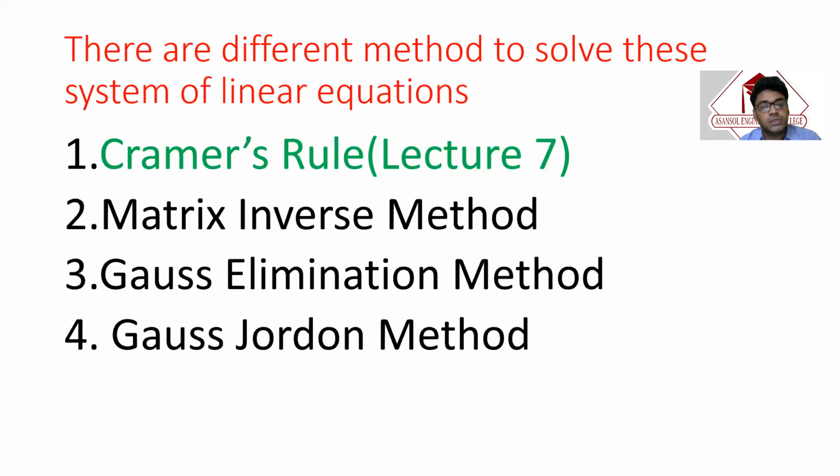If a solution exists, we can find the unique solution by using matrix inverse method. So this is the basic difference between Cramer's rule and matrix inverse method. In Cramer's rule, you can explain all types of solution, but in matrix inverse method you can explain only unique solution. No information about no solution or infinite many solution. Okay, let's see.